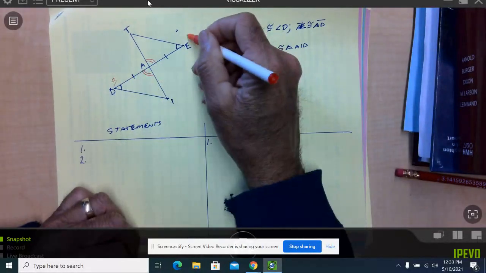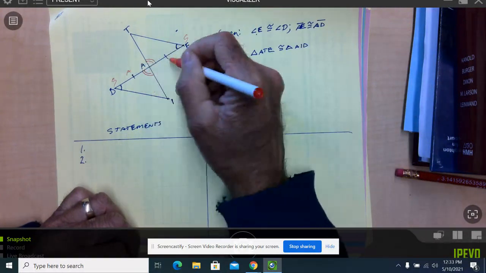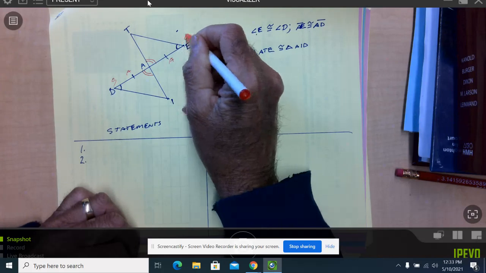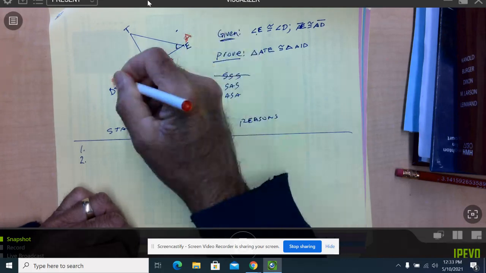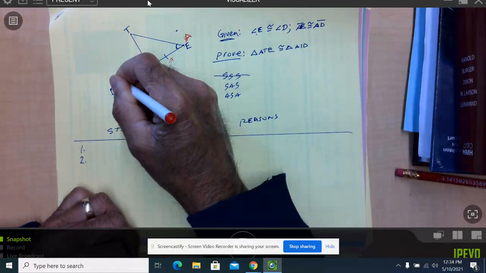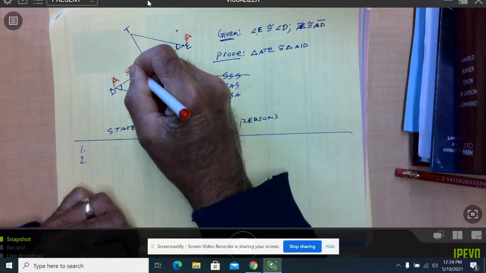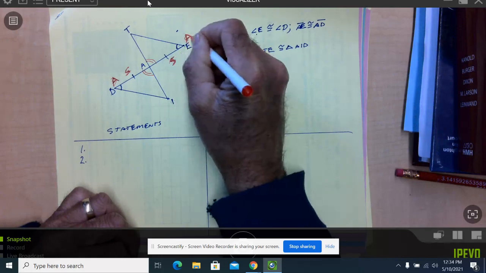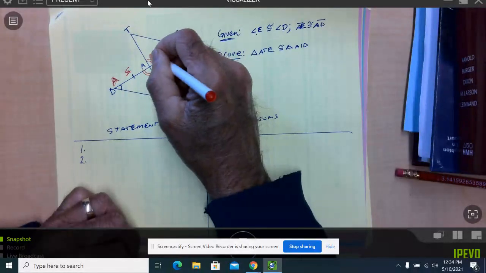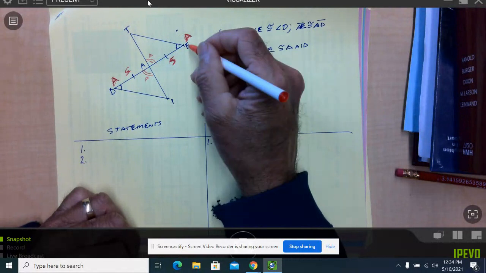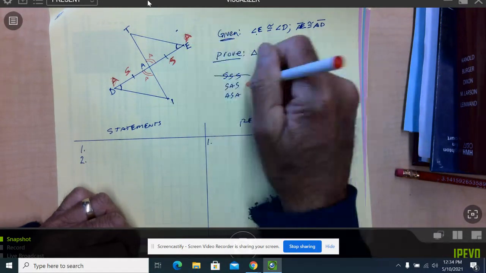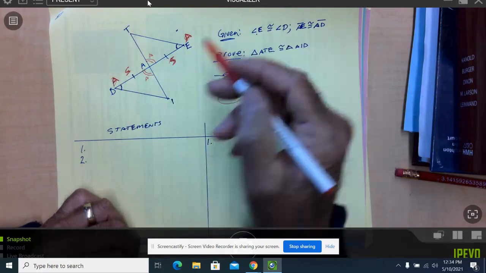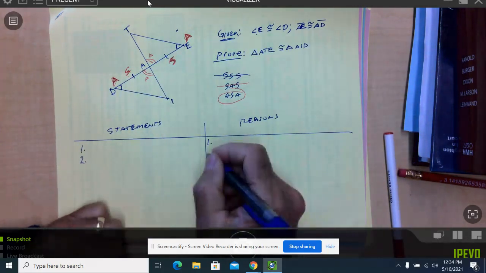Okay, we have a pair of angles that match up, a pair of sides that match up, and then these are angles. So a pair of angles that match up. So what we have is angle, side, angle. That's the one we're going to use. Angle, side, angle. So all you have to do now is write down the information.